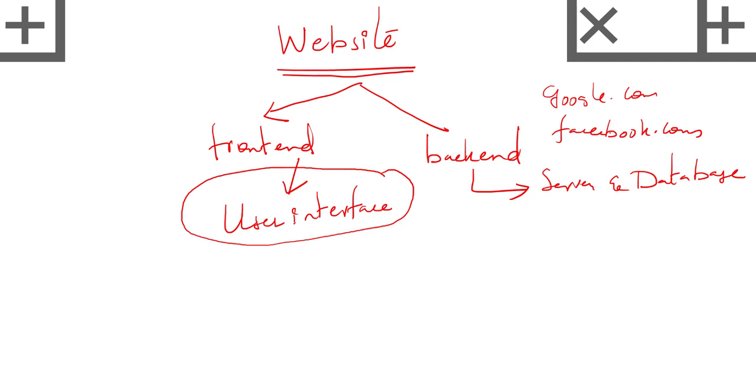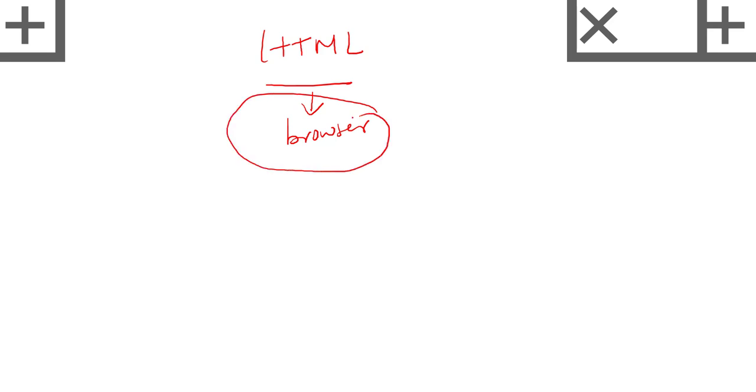For developing the user interface, we have HTML, CSS, JavaScript, and JavaScript libraries like AngularJS and Bootstrap. So what exactly will HTML do? HTML is the only language which is understandable by the browser. With the help of HTML, we create the structure of the web page.